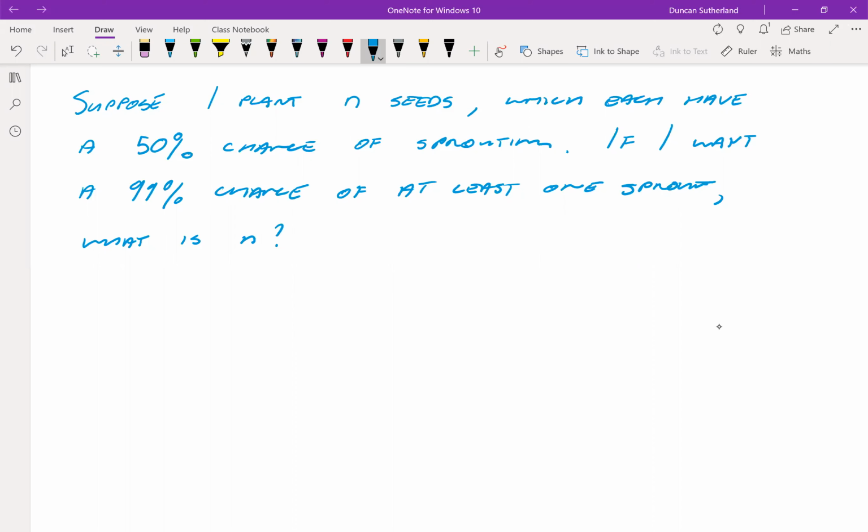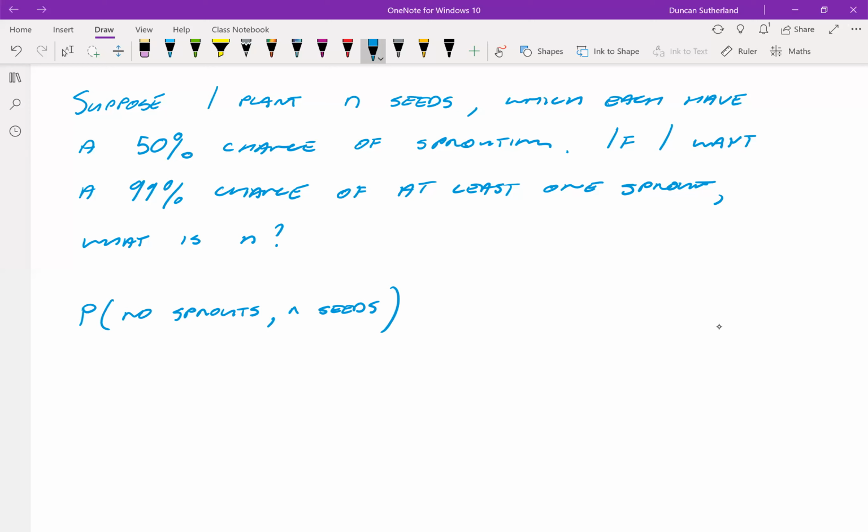So we'll assume that these seeds are all independent, like one sprouting or one not sprouting is the same as any other sprouting. So they don't influence each other.